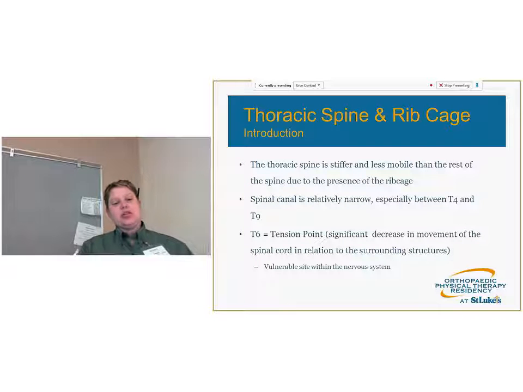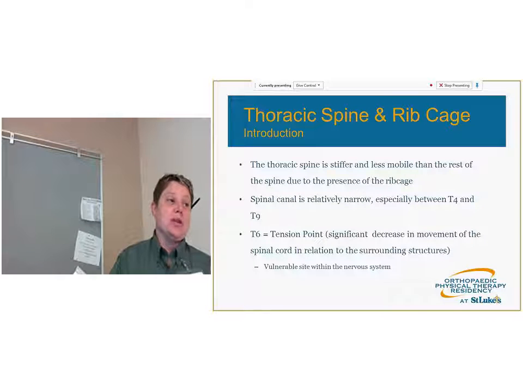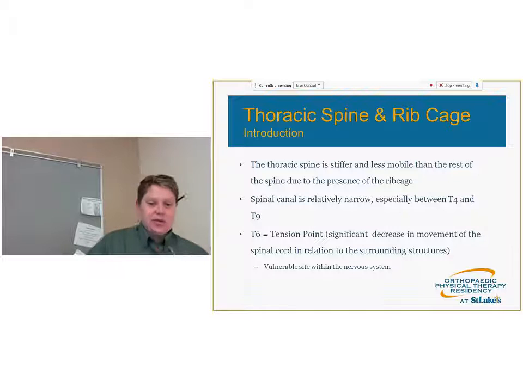Just for introduction, to talk about the thoracic spine, it's stiffer and less mobile than the rest of the spine, and that is due to the presence of the rib cage. And the rib cage is very important to protect our internal organs, but it does cause the stiffness that results in some joint dysfunctions.